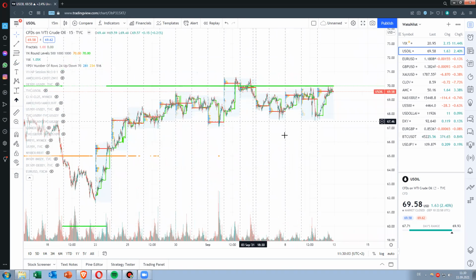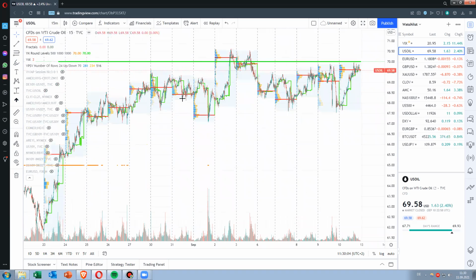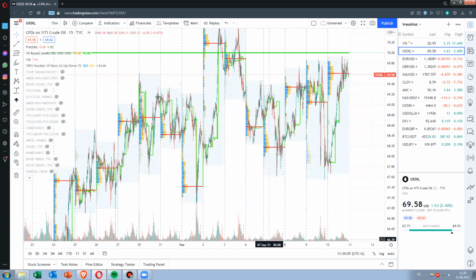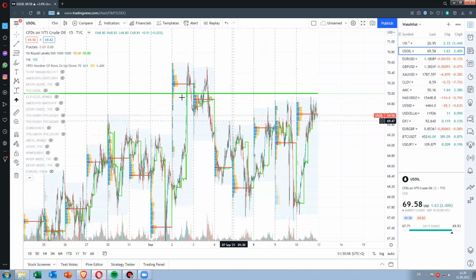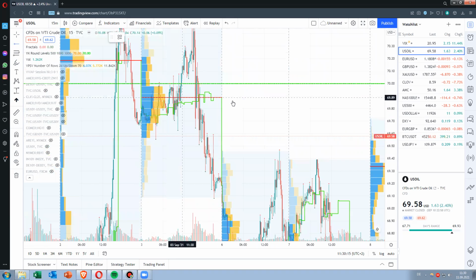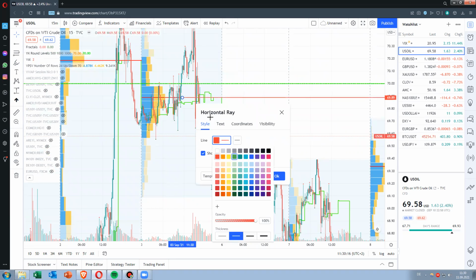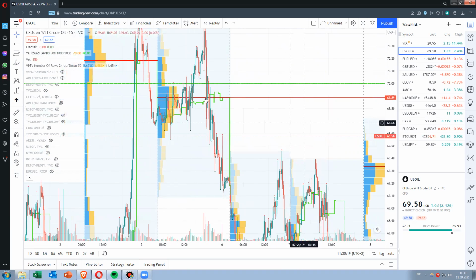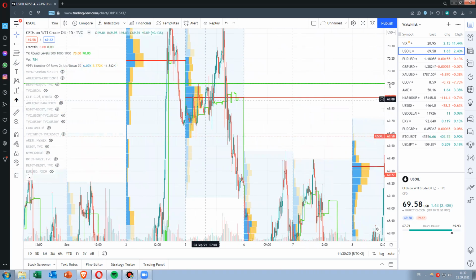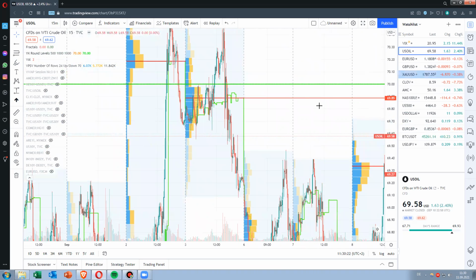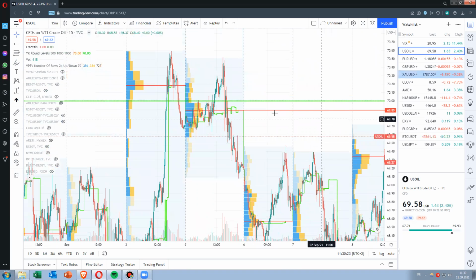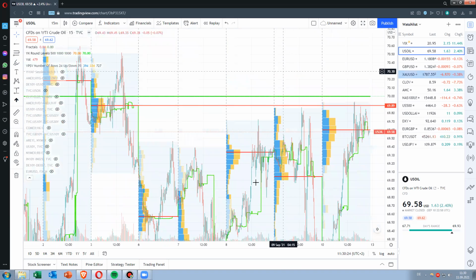These red lines are always the POC of the day. And if you have access to this tool, you can just mark it out and leave it on, because if it's the POC, it will have some significance, like on Friday, for example. You see, it came to the zone here and it rejected.